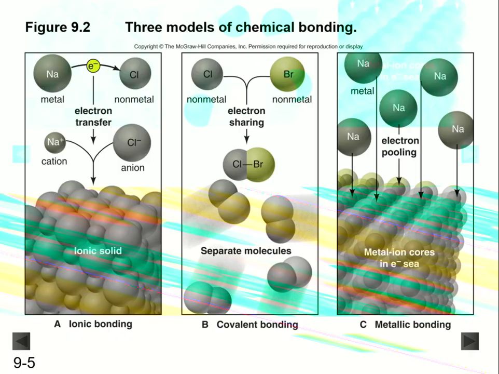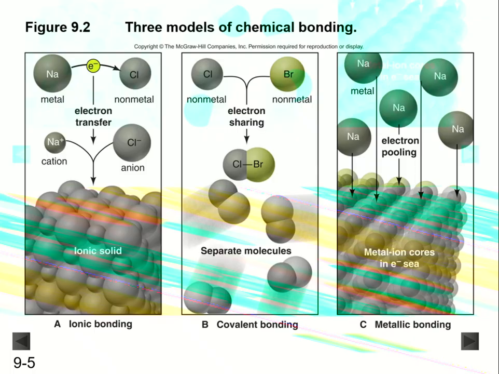And as we'll see later, this last step is the driving force that results in the formation of ionic compounds. In the middle slide, we see the interaction between two nonmetals. We have a chlorine atom interacting with a bromine atom to form the compound bromine chloride, BrCl, a covalent compound. It's a gaseous molecule.